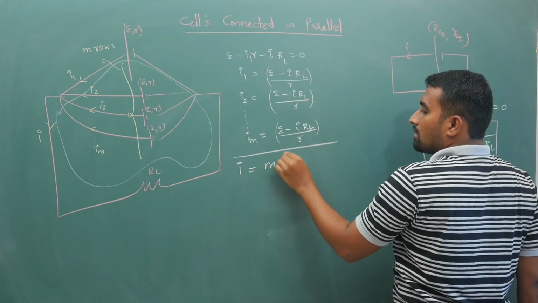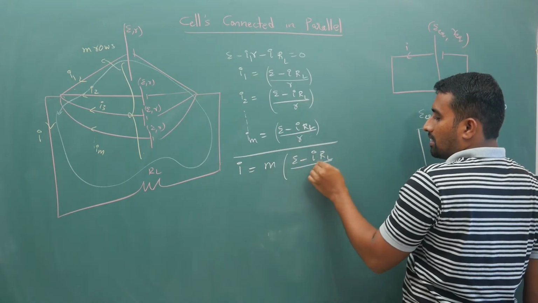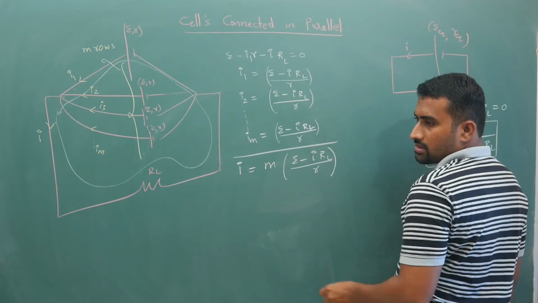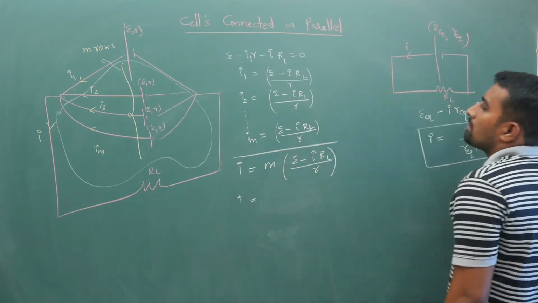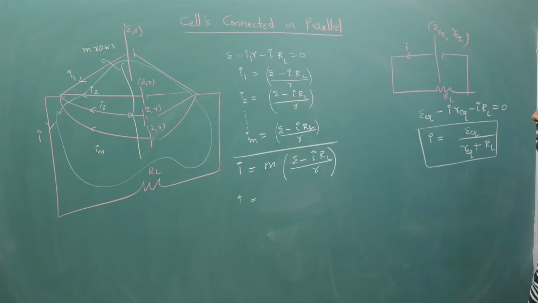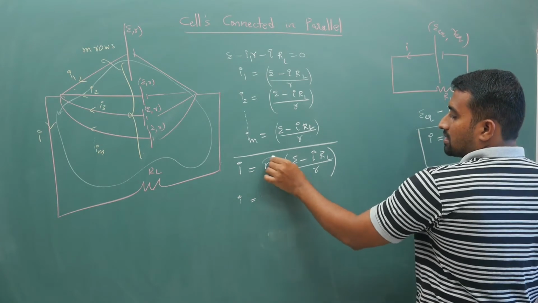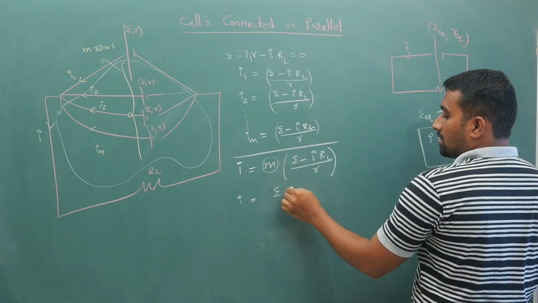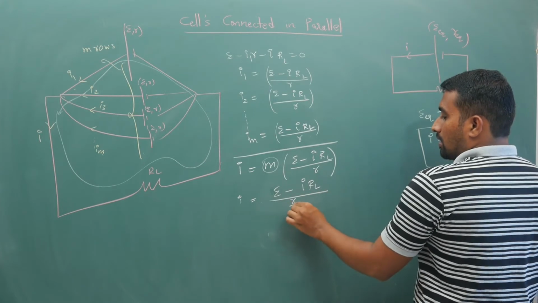So that will become M times (E minus I times R load) by R. Rearranging the terms, I will send this M to the denominator, which will give you I is equal to (E minus I times R load) by R by M.